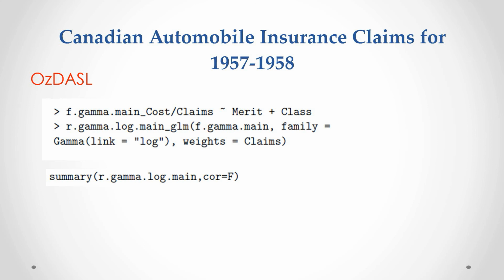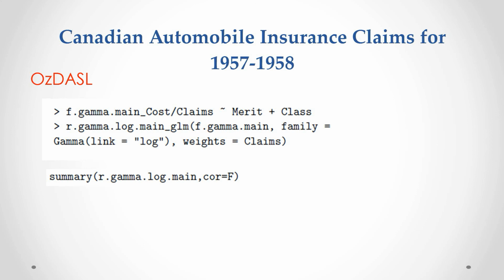The R code given here shows how to fit a gamma regression of cost by claims in terms of merit plus class. Note that claims is used as a weight.